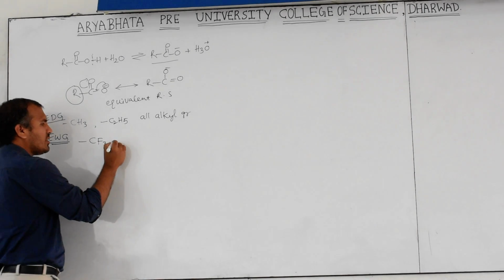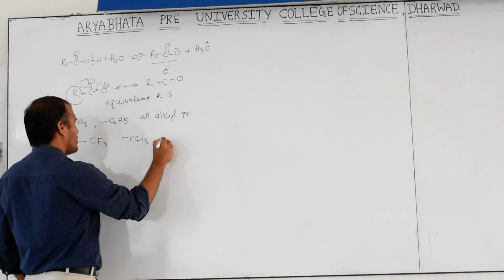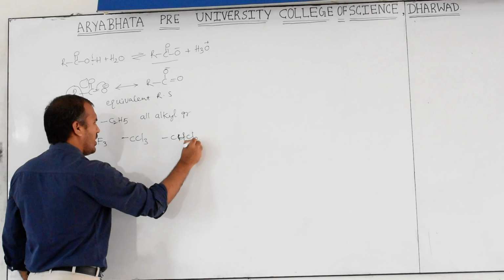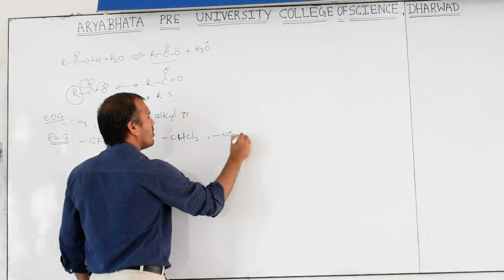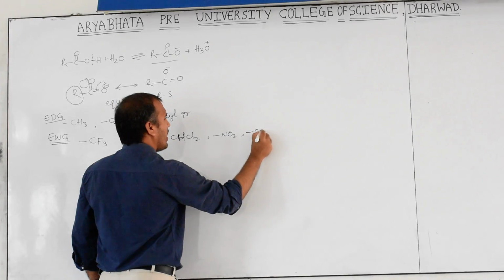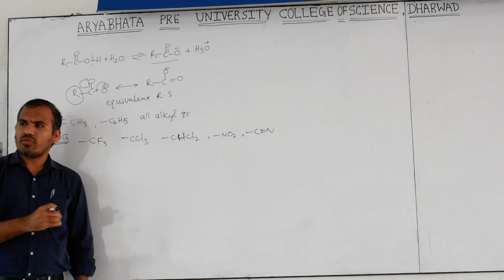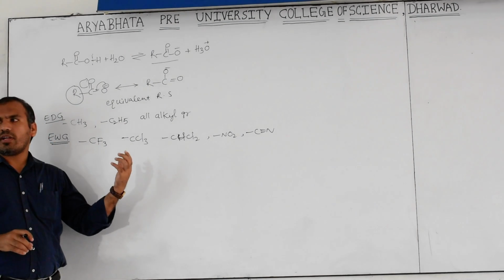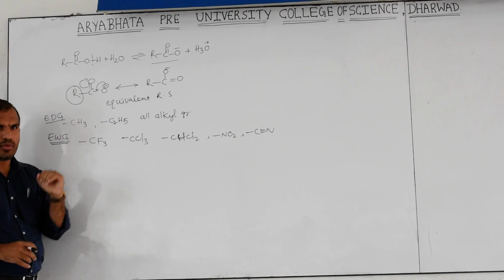Next, CCl3, CHCl2, NO2, cyanide, and so many others. I am giving a few examples. If you don't know, once again refer to your first year inductive effect and resonance effect.